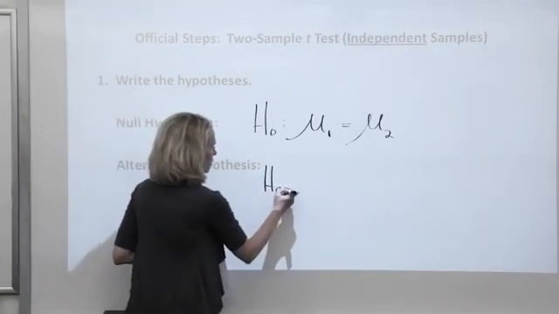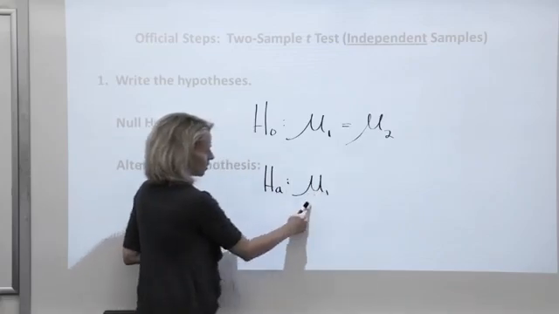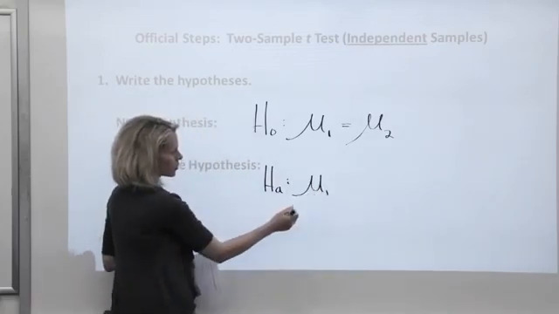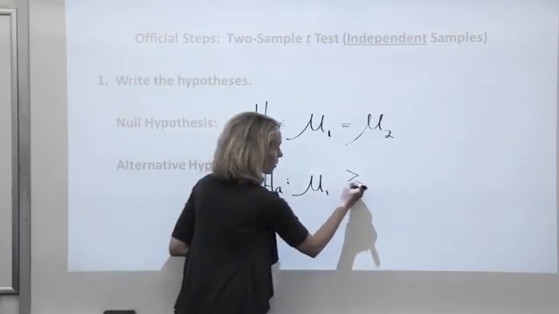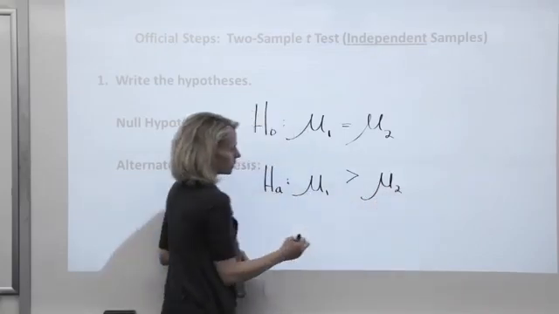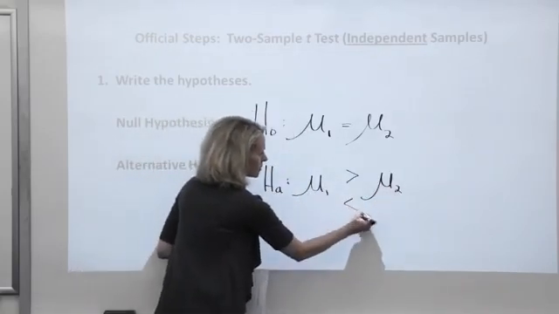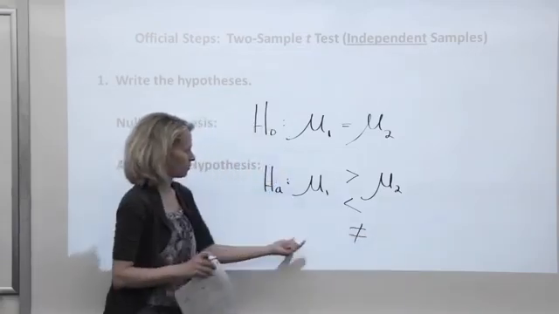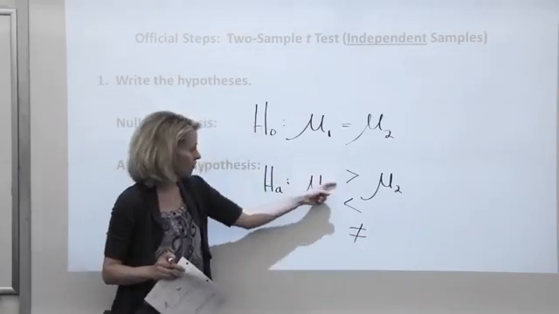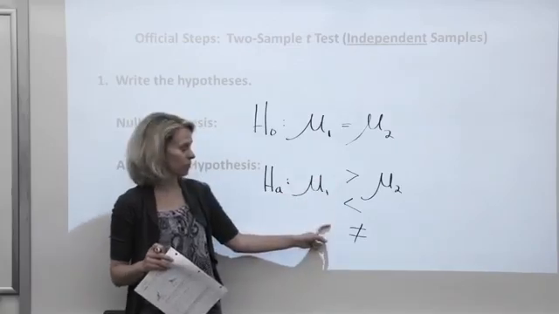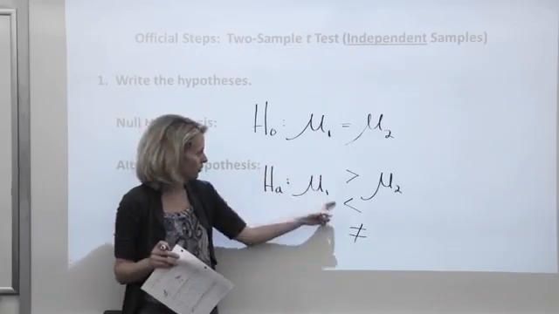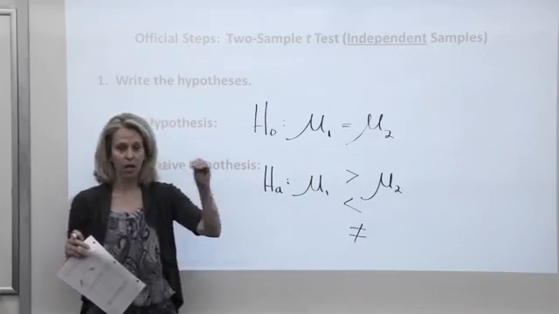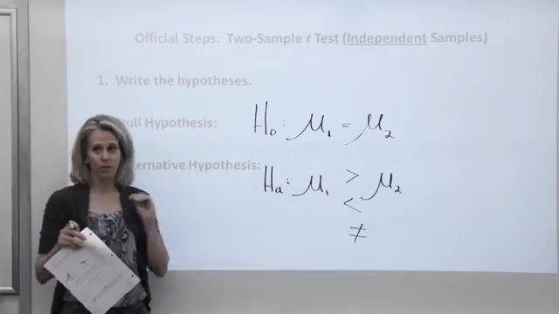For your alternative, you might have that the mean of the first population is bigger than the mean of the second population, or that could be a less than symbol, or just whether those two groups' means differ. So you'll have one of these. Again, just like in previous problems, you'll figure out what symbol goes there based on the context of the problem. What does the problem say?